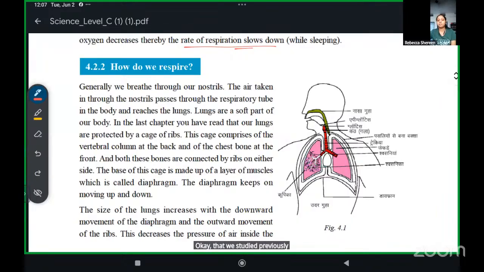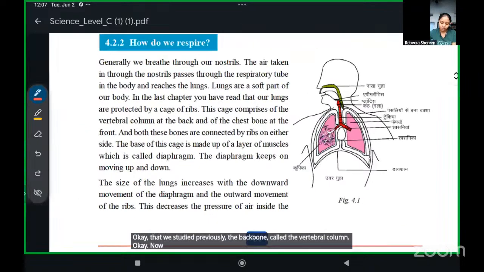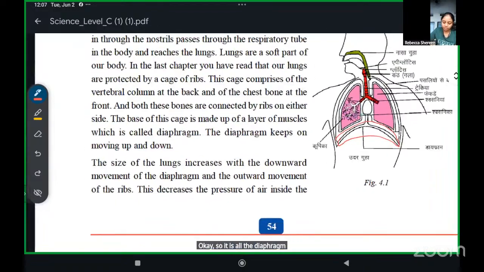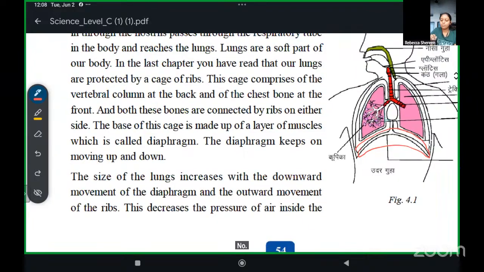Beneath the lungs, we have another organ called the diaphragm. When we breathe, this diaphragm slowly keeps on moving up and down.